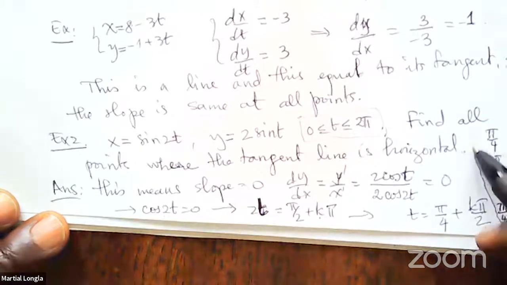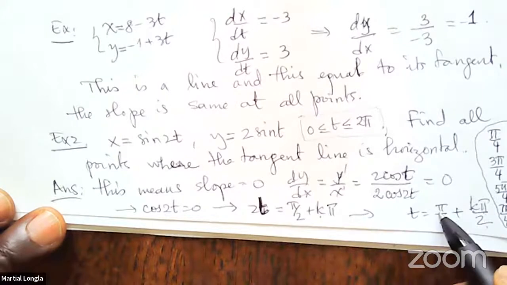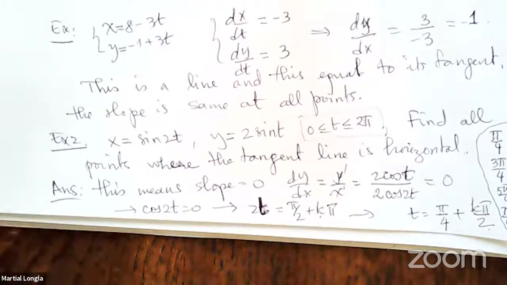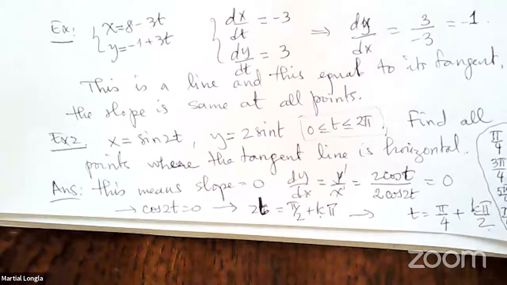If I go to k equals 4, I get 2 pi plus pi over 4, which is larger than 2 pi, and it's rejected. So there are exactly 4 points where the slope is horizontal.